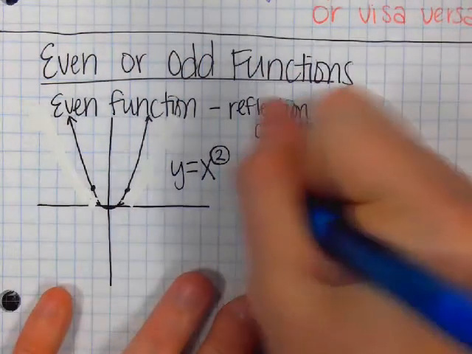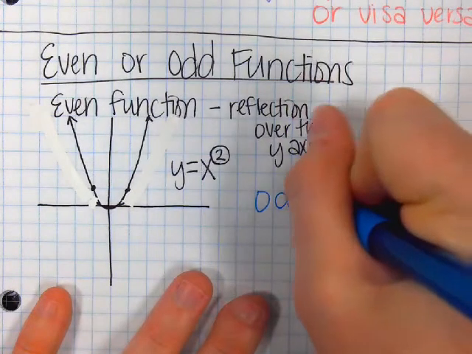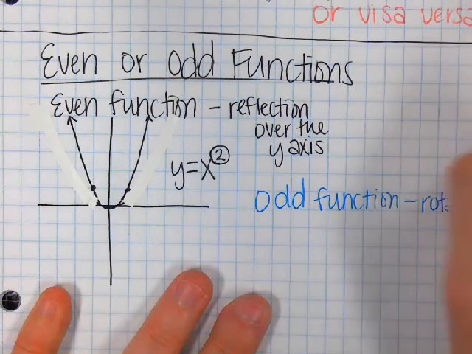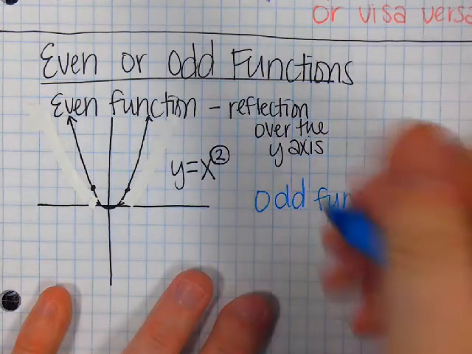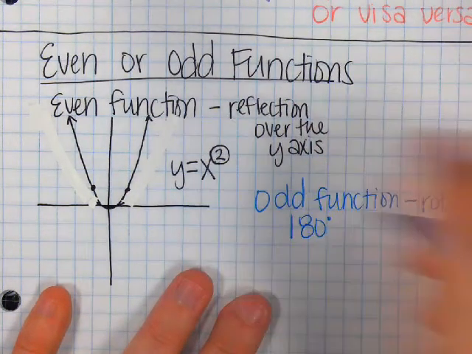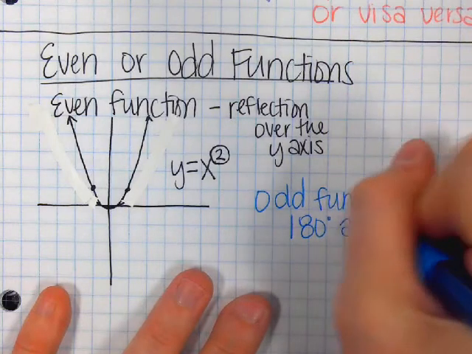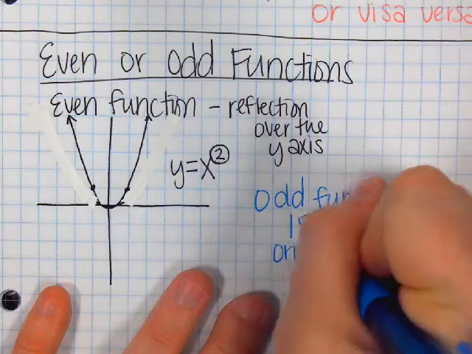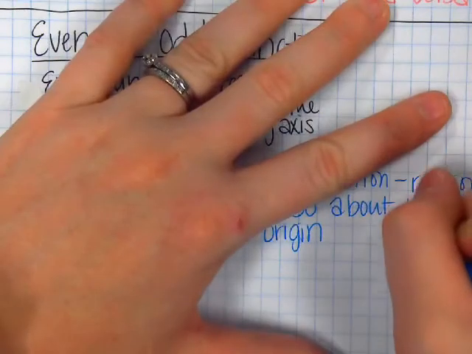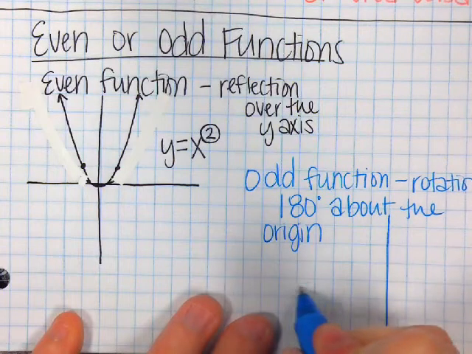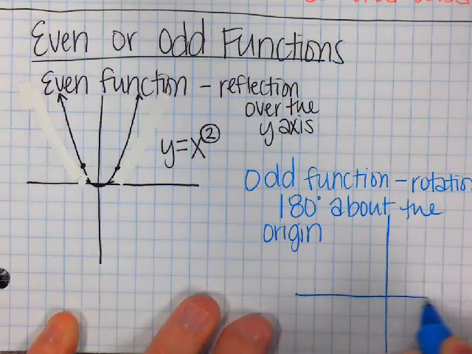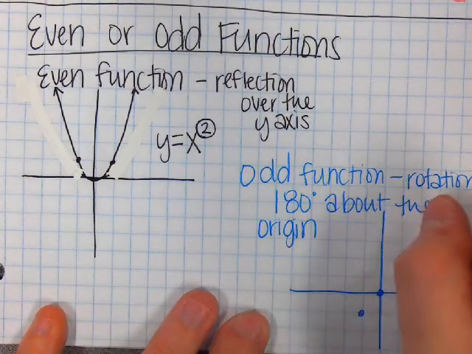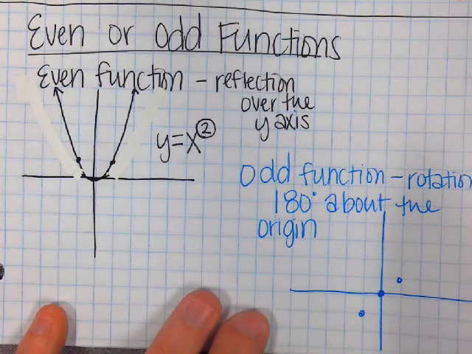And then an odd function is a rotation of 180 degrees about the origin.